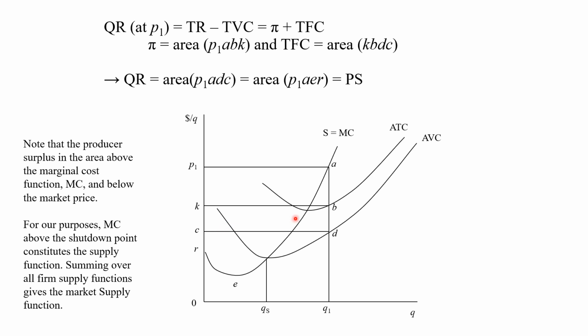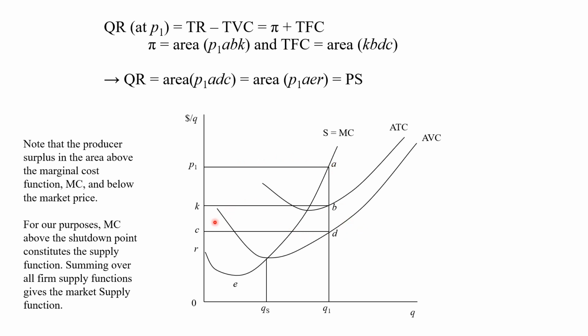The total variable cost at that is given by KB, this cost here. So this KBQ1 0 is equal to the total cost of production. All right, so the profit then is this area P1ABK.